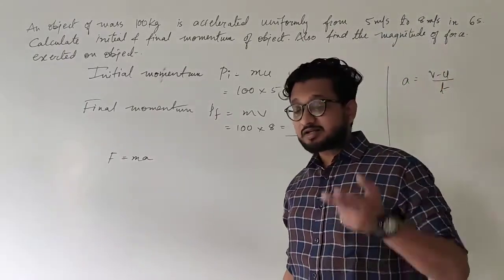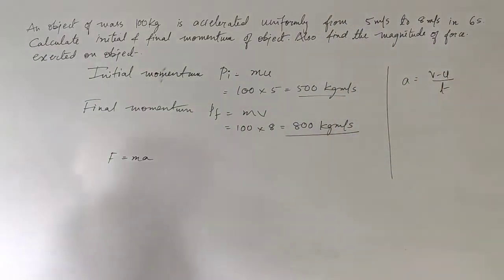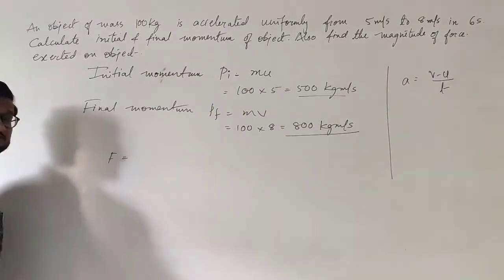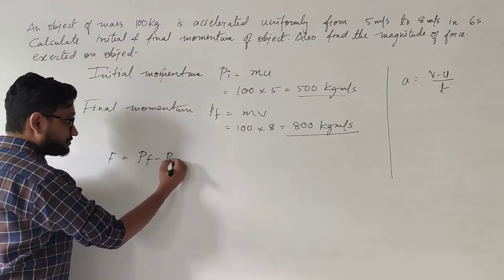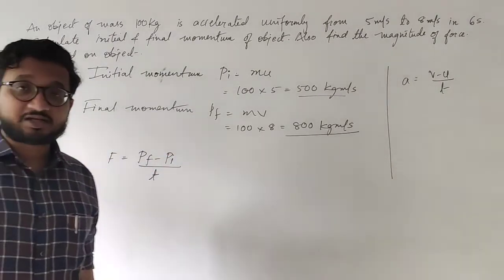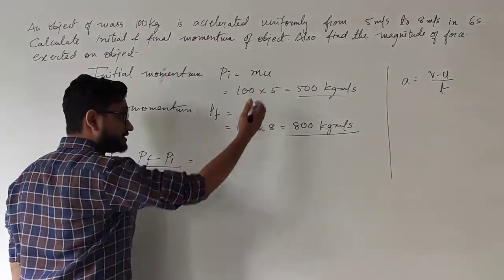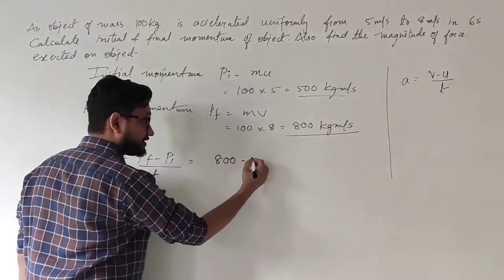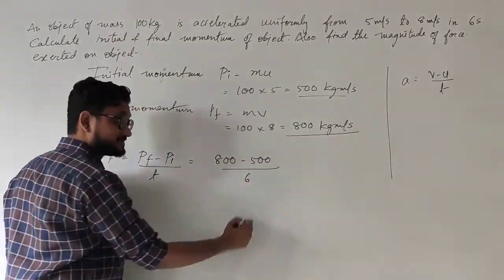Or you can directly recall the second law of motion. The second law of motion states that the change in momentum upon time taken is equal to the force applied. We already have the momentum. So final momentum 800 minus 500 initial, upon time, which is 6 seconds.